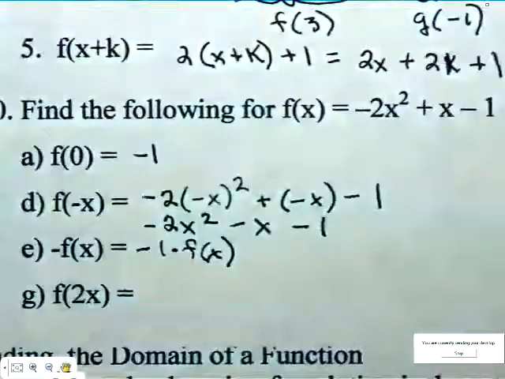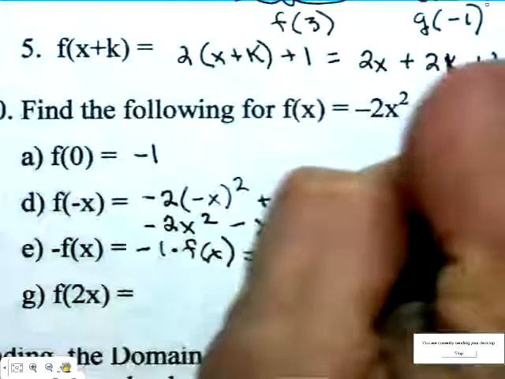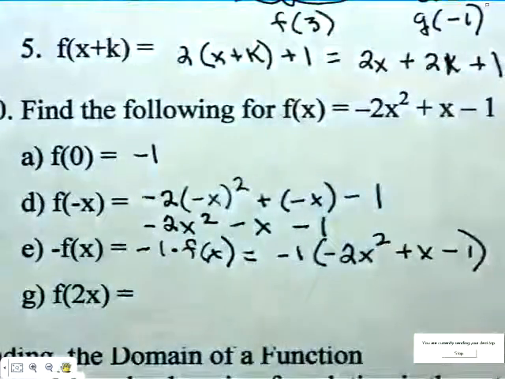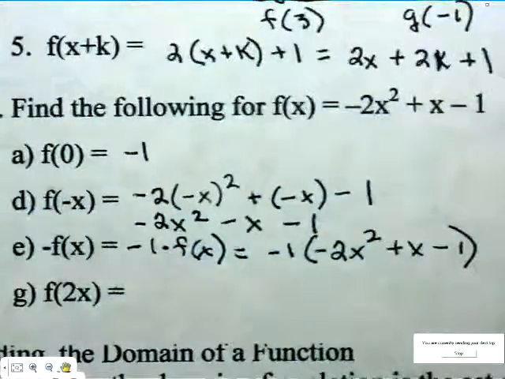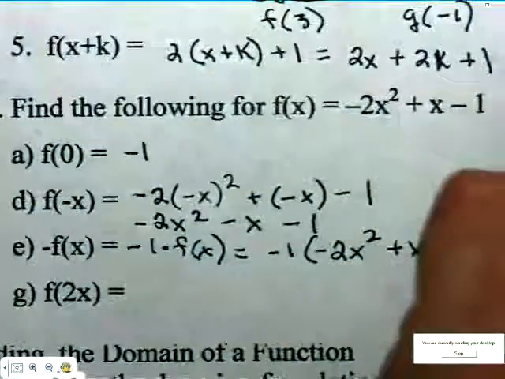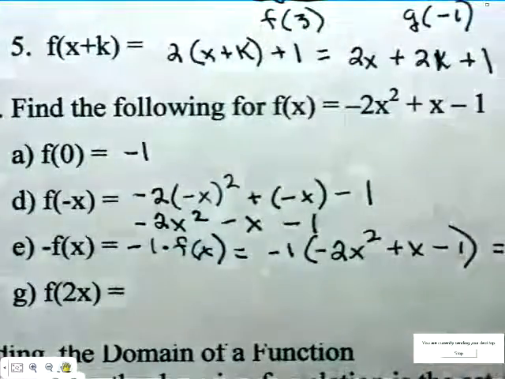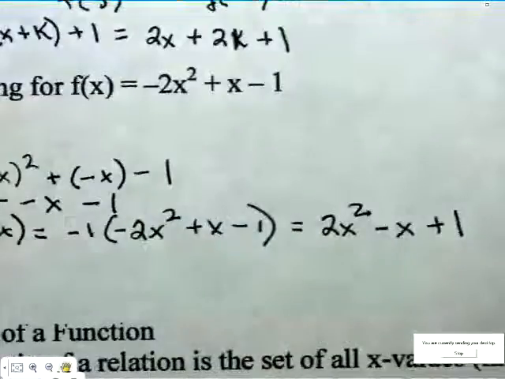That means whatever f of x is, you need to multiply it by negative 1. Clear out the parentheses and you would have positive 2x squared minus x plus 1, which is not the same thing we got for part D.